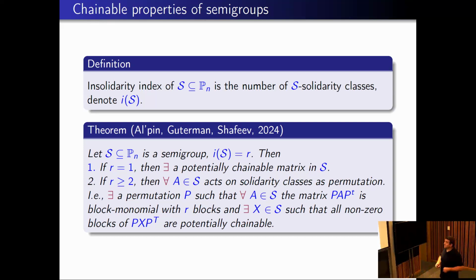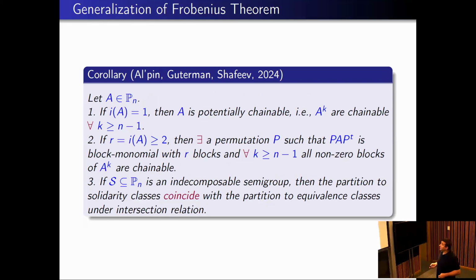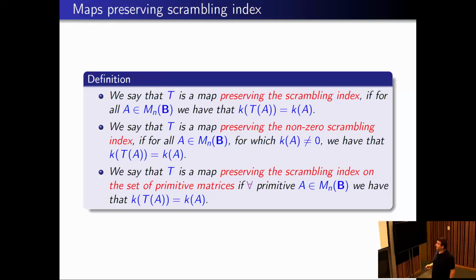Again, there is a certain block form for your semigroup. So even if you are dealing with one matrix, it is a new result, because by permutation your matrix could be reduced to a certain block form where blocks are not primitive, but potentially chainable. So all elements of your semigroup would be reduced this way. Yeah, we will not concentrate on this more.